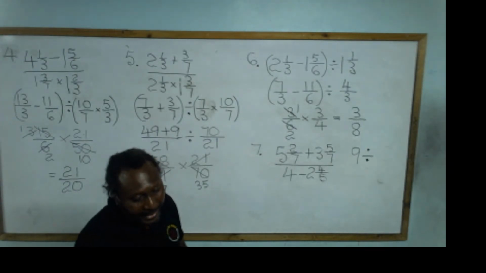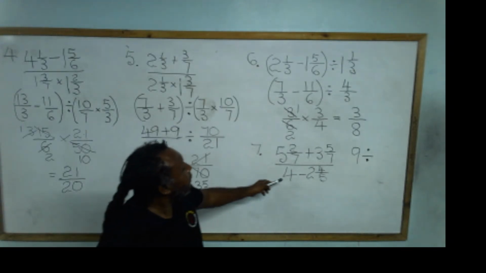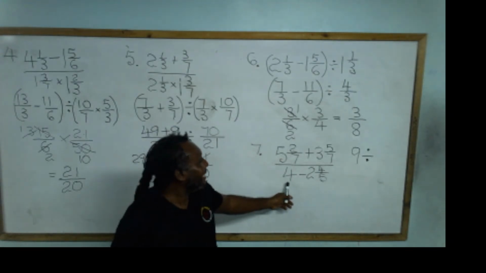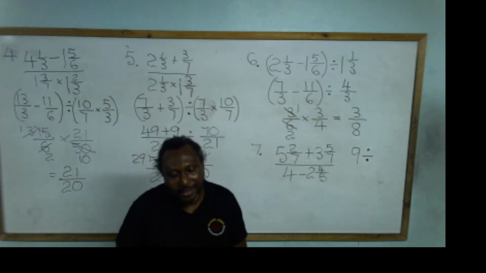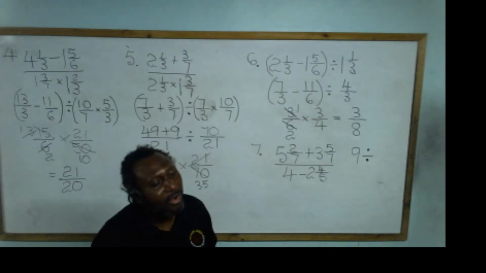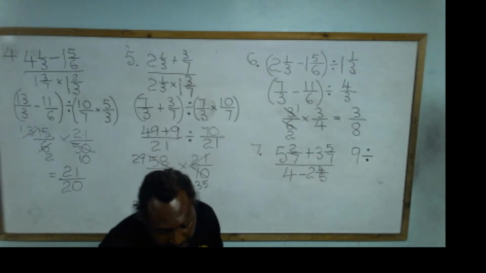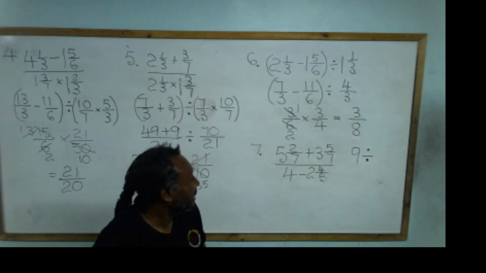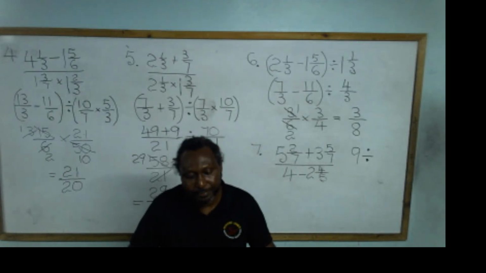What about the denominator? If you have 4 cakes and you take away 2 and 4/5 of a cake, how many cakes do you have left? If you have 4 cakes, all right, don't go that far and don't go that fast.